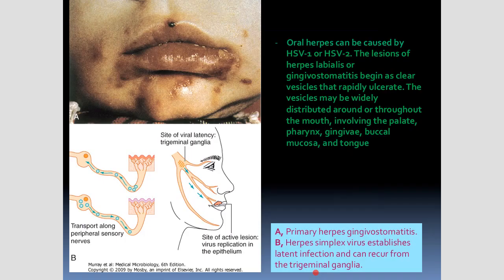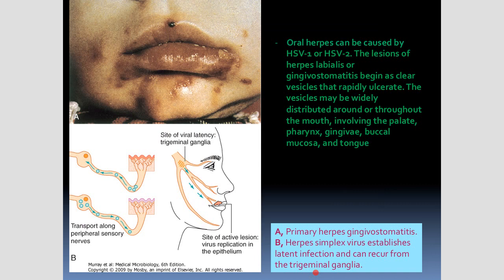The other problems that we have in terms of HSV-1 and HSV-2: I just gave you a very good version of a layman's common cold sore. But if it happens, for example, in a toddler or a baby, you can see oral herpes. It could be from both HSV-1 and 2.